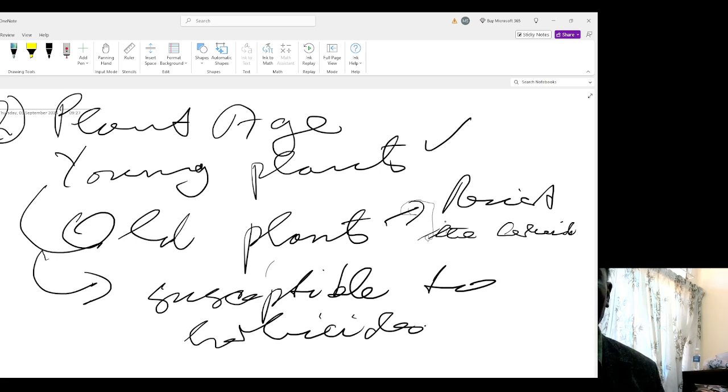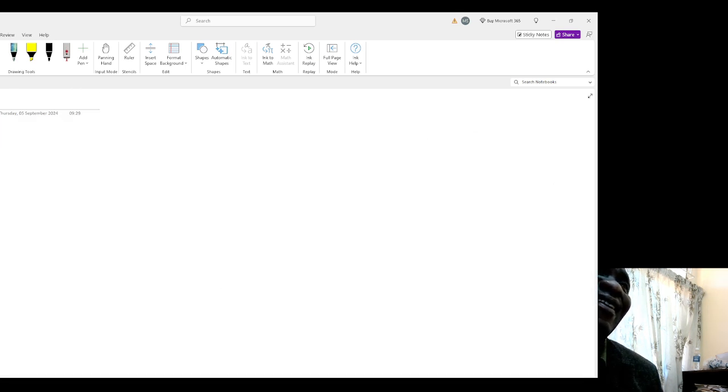Plant characteristics, which I have said, is also another factor. The other factor is the growing point.